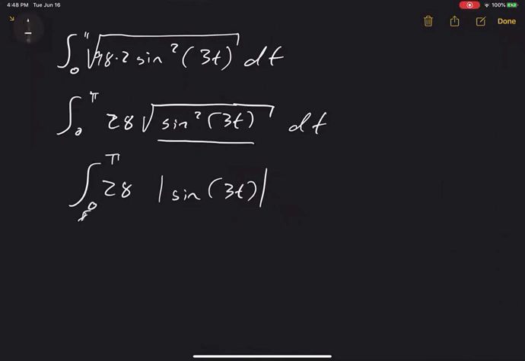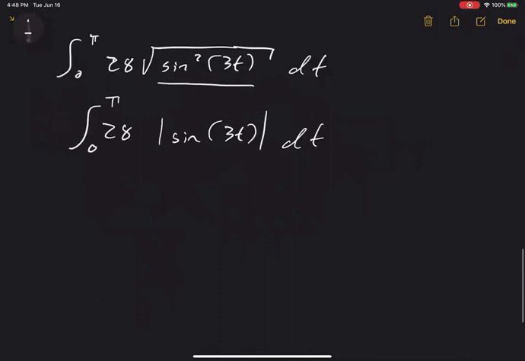So how can I do the integral of this absolute value? Think about sine of 3t. What does the graph look like? It's going to be kind of scrunched together. At pi over 3, it's 0 again.